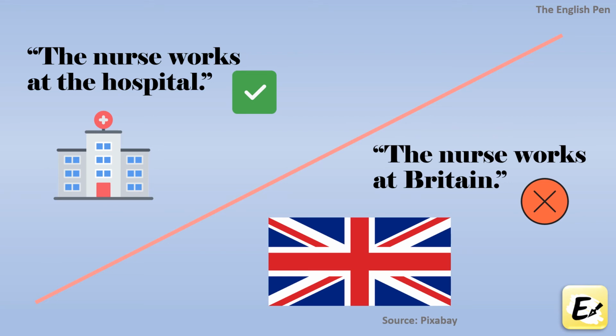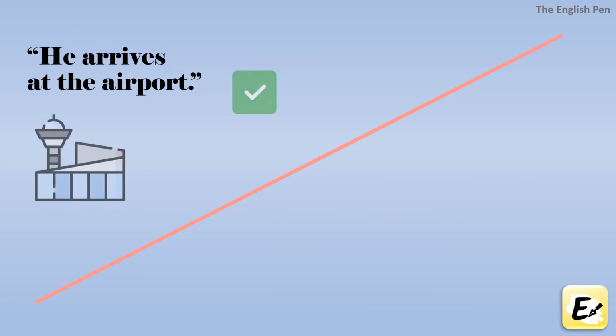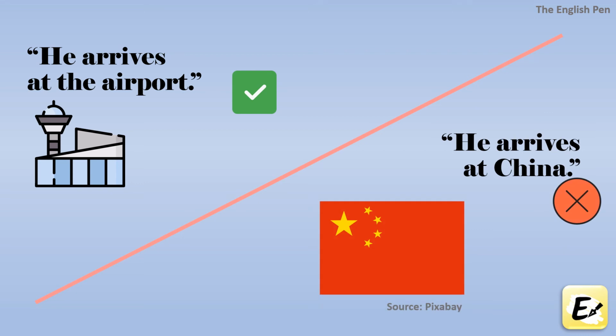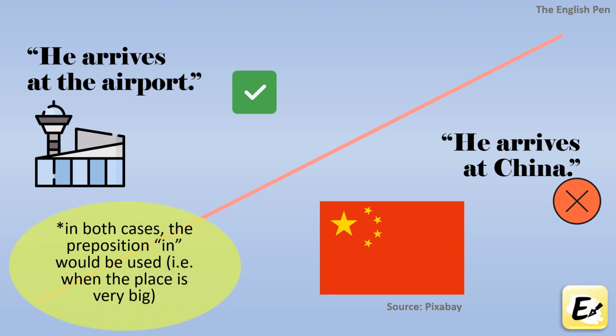The setting must be narrow and specific. Similarly, he arrives at the airport is correct, while he arrives at China is not. In both cases of a general setting, the preposition in would be used, but that is for another day.